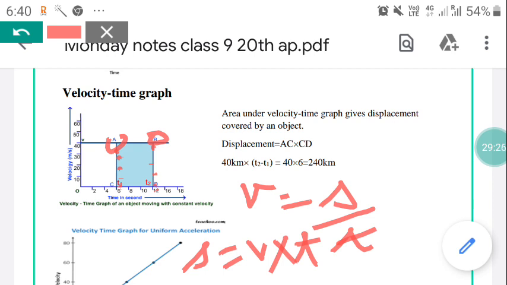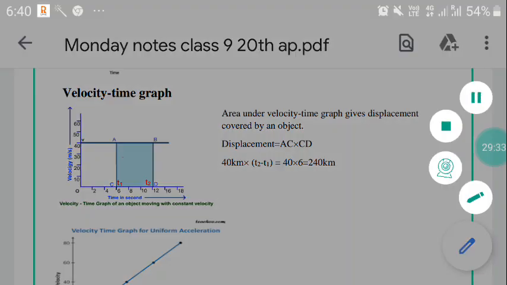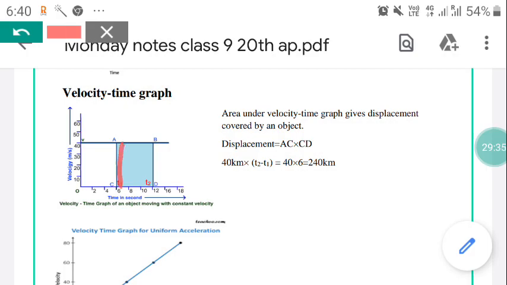So AC into CD. What is AC? This. And into CD. This. This is AC multiply CD. And what is AC? 40 kilometer.